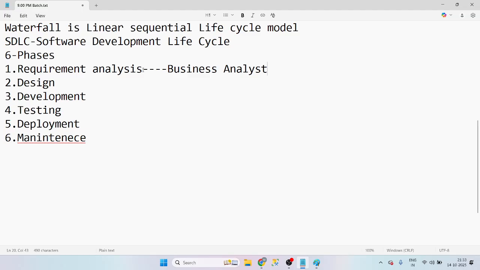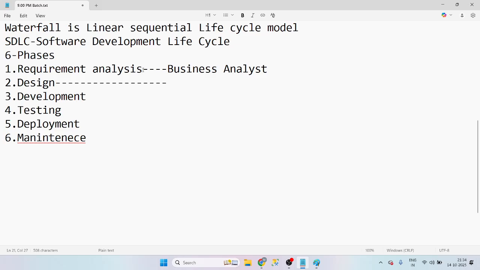Okay. After getting the requirements, we are going to have a design phase. Design is nothing but, like constructing a house in the previous example. To construct a house, what do we need? We need some designs. Who is going to design our house? That is called an architect, right?